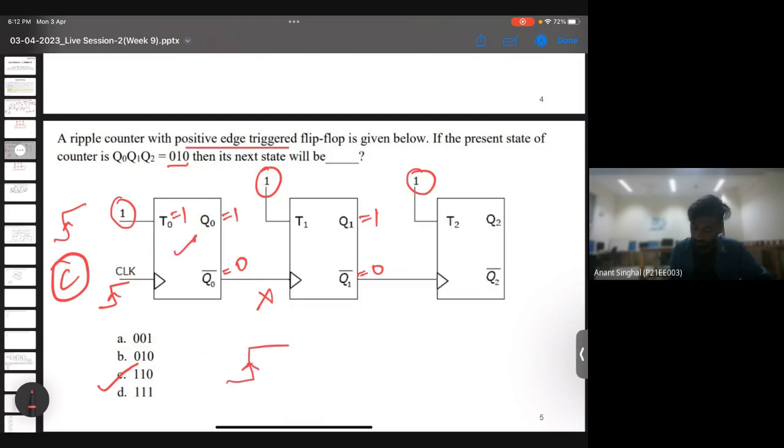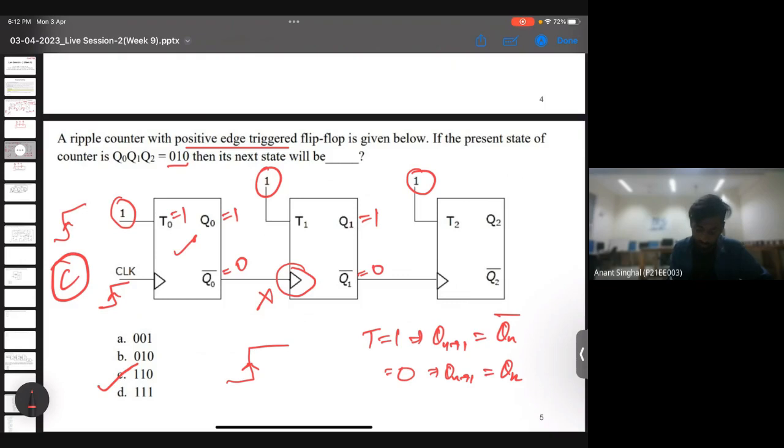When T equals 1, the next state of the T flip flop is Qn bar, and when T equals 0, the next state is Qn. The question says it is a positive edge triggered flip flop, and since it is not synchronous, the clock of the next flip flop depends upon the output of the previous flip flop. So it is an asynchronous circuit.